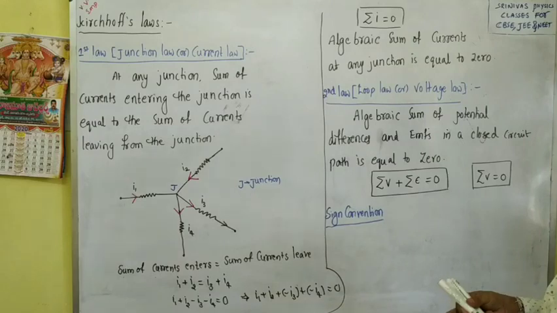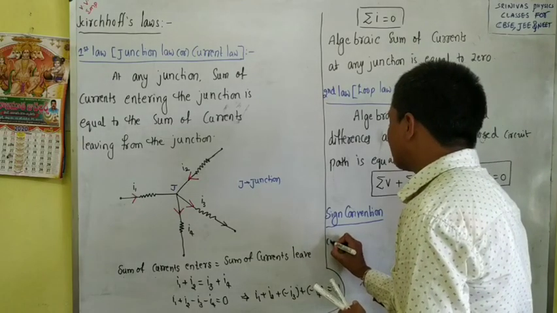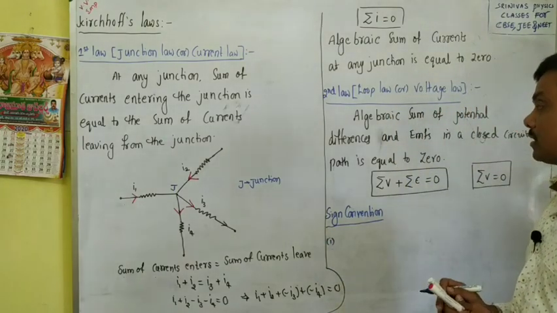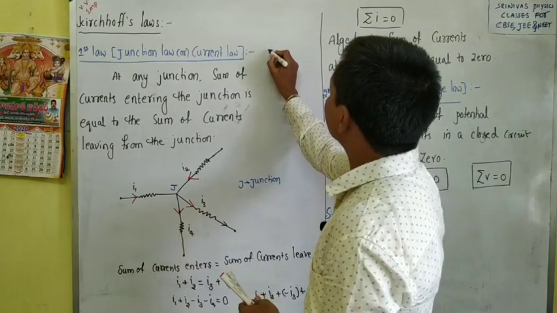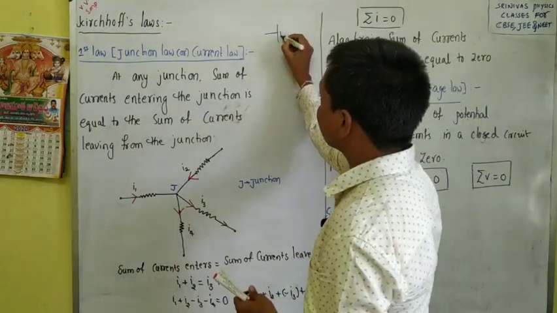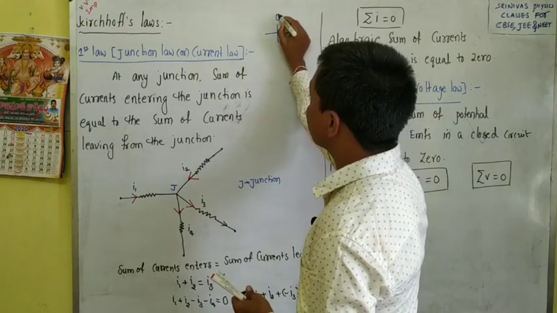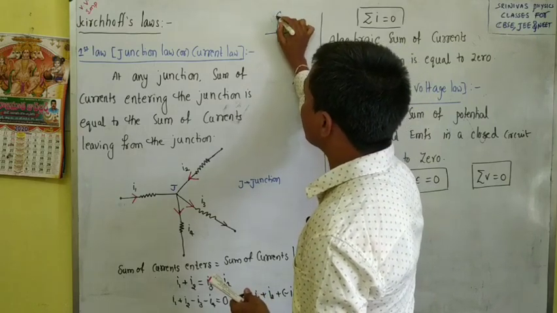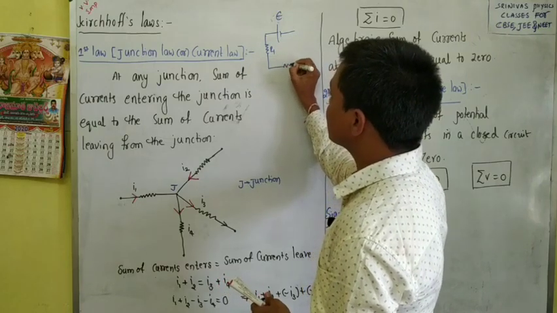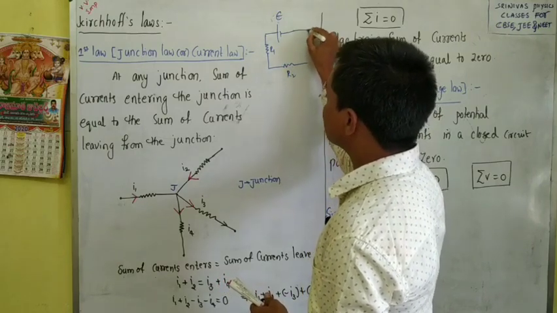Now we have to use the sign convention rules. The first sign convention rule is for when you are going across the closed path. For example, this is a cell with an EMF E, and this is a resistance R1, next this is R2, and next this is R3.